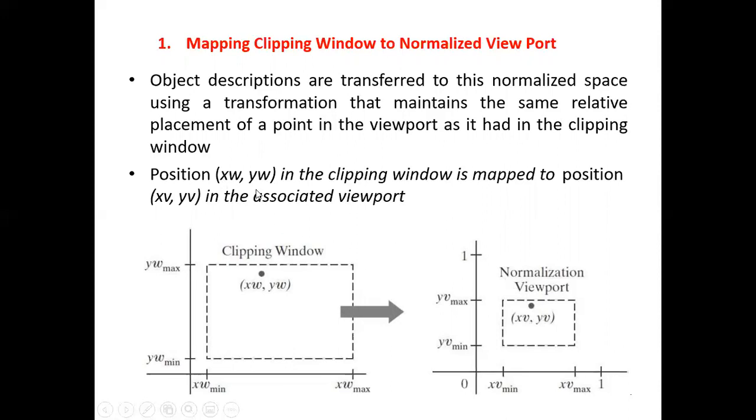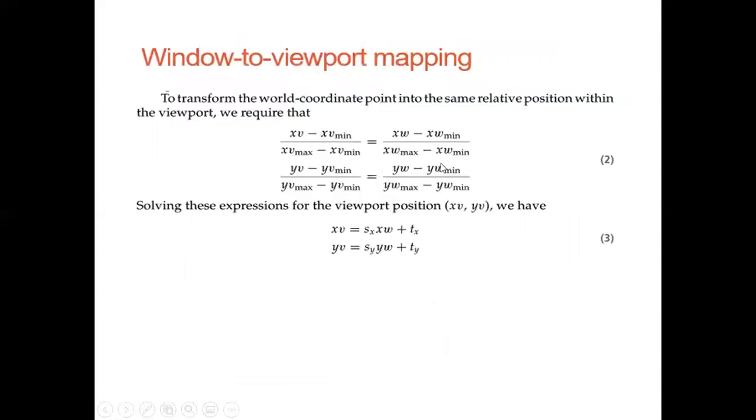So we say the position xw comma yw in the clipping window is mapped to xv comma yv in the associated viewport. This is how we map window coordinates to viewport coordinates.